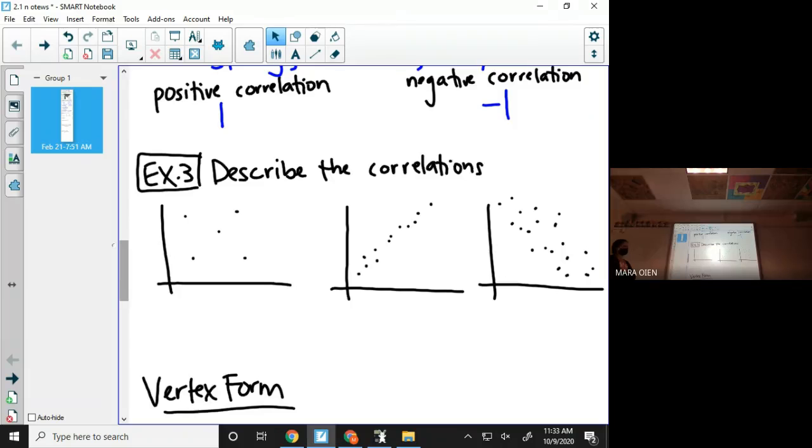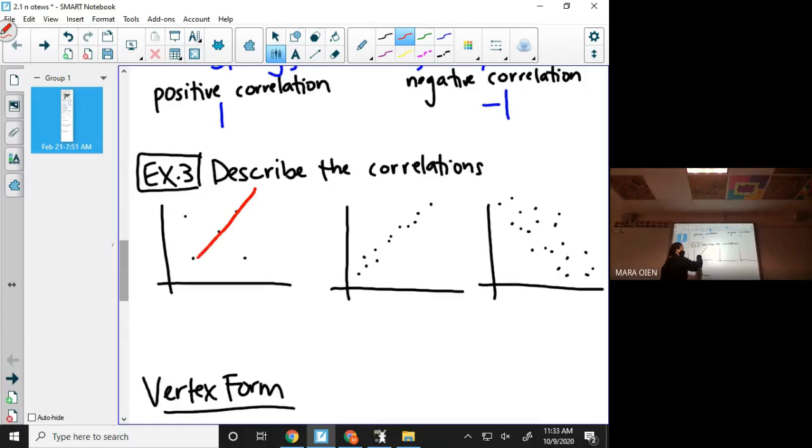Okay. So for that very first one, which I try to make look like the 5 on the dice or on a number cube, whatever you want to call it, I don't know where the best line would go. I could draw a line like this, and it would go through 3 of the 5 points, and I would say, well, that's a positive.